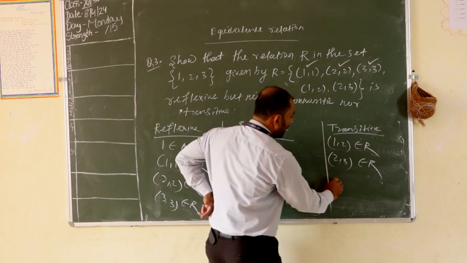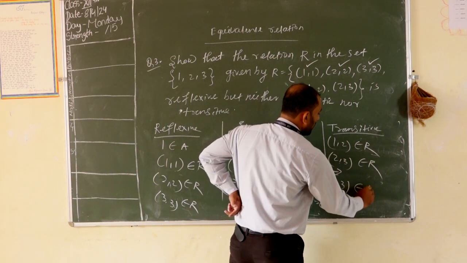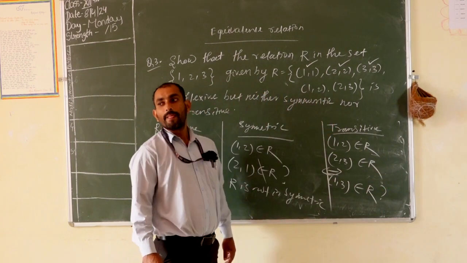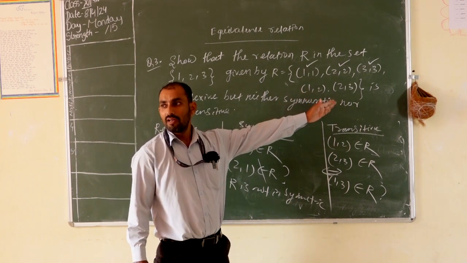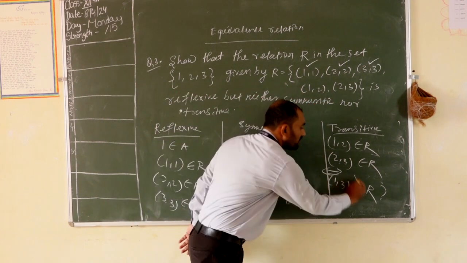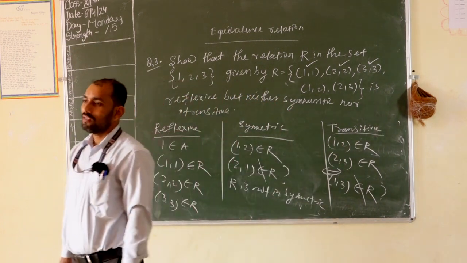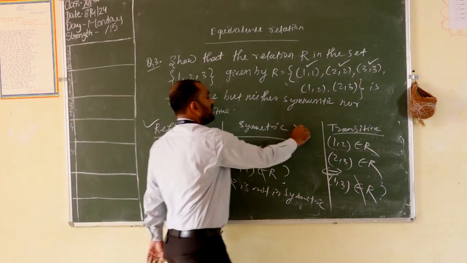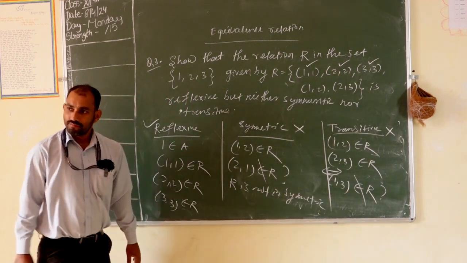Does this imply that (1,3) belongs to R? The question arises. Can (1,3) belong to R? Look, it is not there, that means it does not belong to R. It contradicts the condition of transitive. That means it is reflexive but neither symmetric nor transitive. Clear?